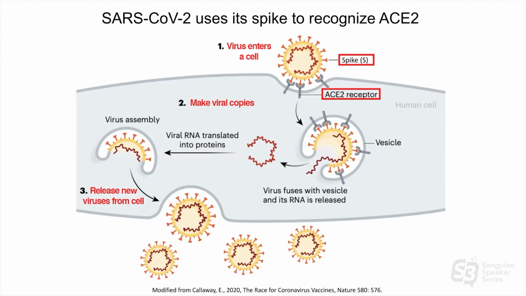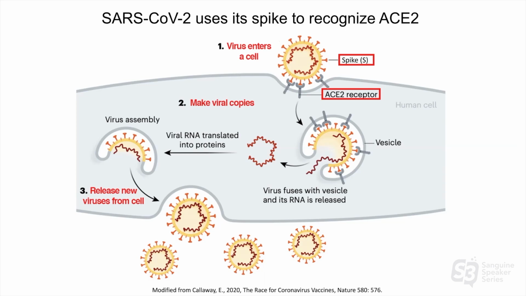That's a protein on the surface of lung cells and the surface of cells in other organs as well that is there to regulate blood pressure. But SARS-CoV-2 and also SARS and at least one of the common cold coronaviruses have co-opted it to use as their means of entry into host cells.